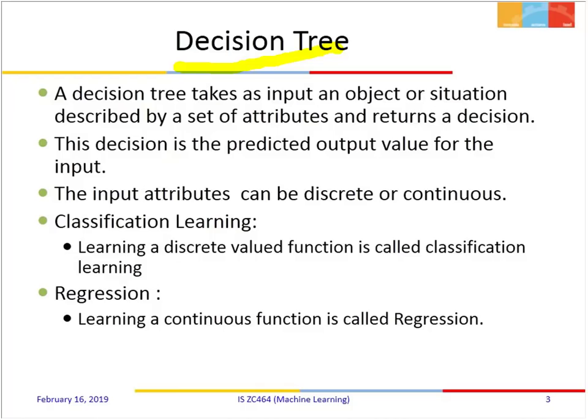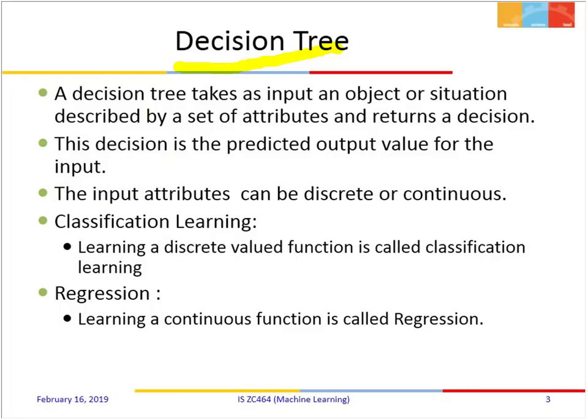So basically you have certain values which are representing certain specific features of one class. This class may be representing an object or a vehicle or a decision. So this decision is the predicted output value for the input.